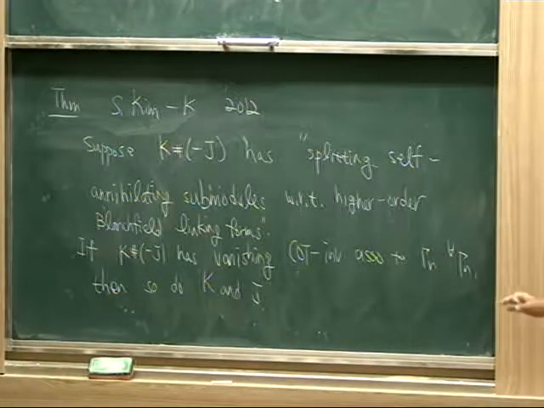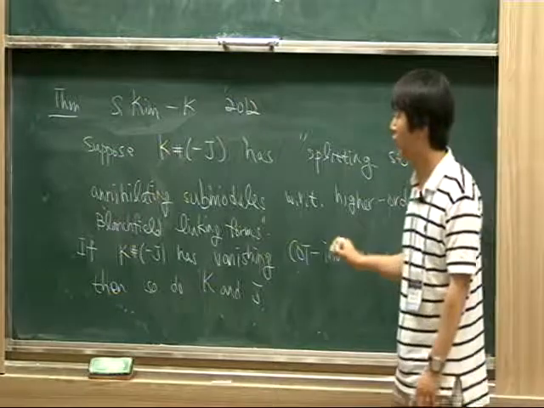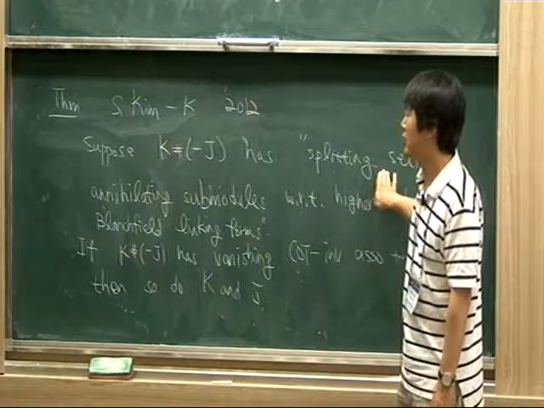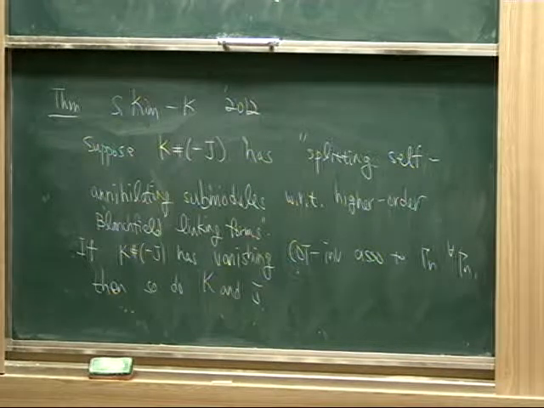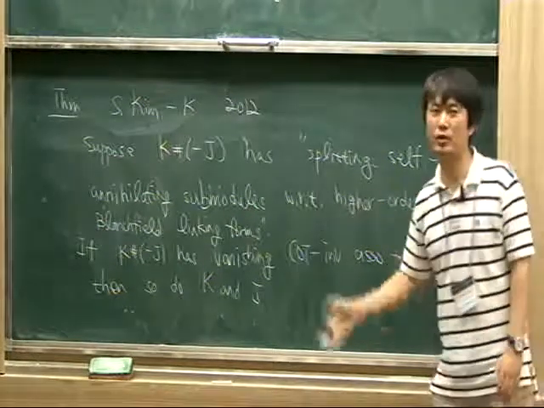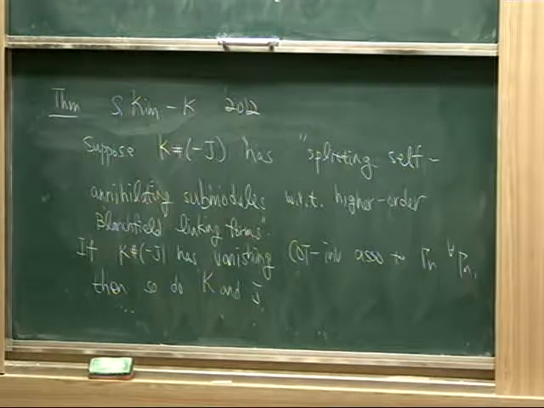One more final remark is that this is another positive evidence for our original question, and still we're not getting the answer to the question. But this theorem is already powerful enough to produce some unique examples.